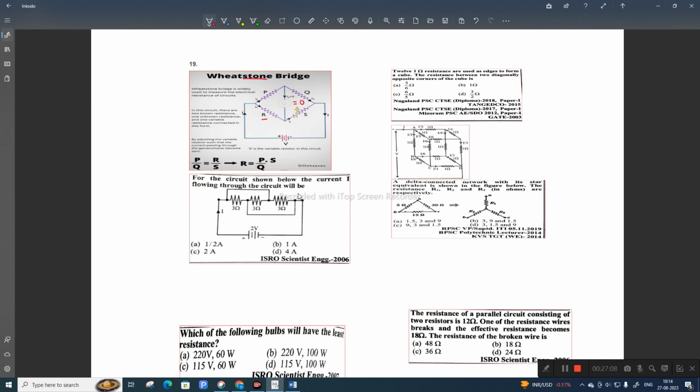The ratio is P by Q equals R by S, so R is P by Q into S. If you put this in, you will get the resistor in ohms. This is a very simple concept. Moreover, I will apply this concept in upcoming videos in problems, so that the concept will be clear for you. This is nothing but the null method. In the circuit you are making the current 0 and then taking the resistor, so it will be accurate.